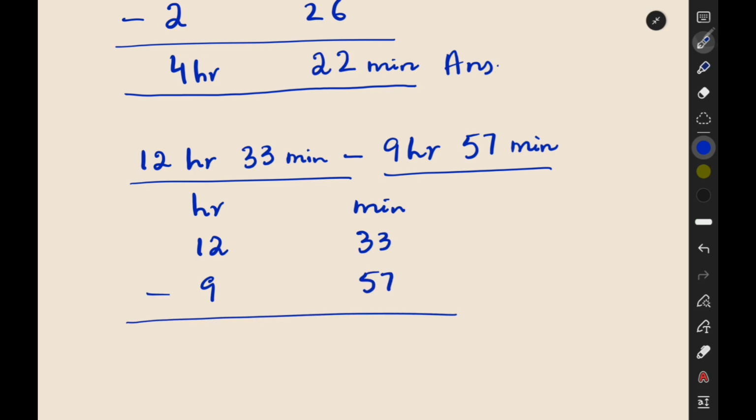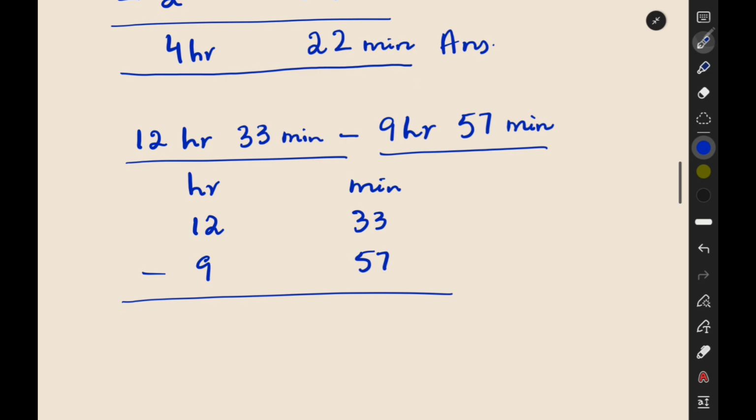Subtract them. Here first we subtract the minutes, 33 minutes and 57. You see that 33 is less than 57, so it borrows 60 minutes from hours.